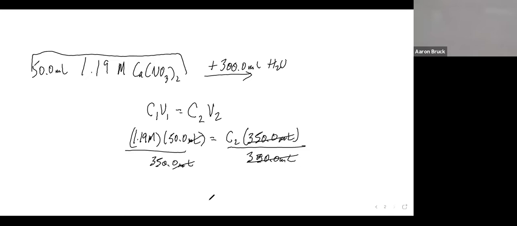You could choose to do it at the beginning, or you could do the dilution equation first and then take that concentration and convert it at the end. And in the video, I did just that. I diluted it and then I converted it.